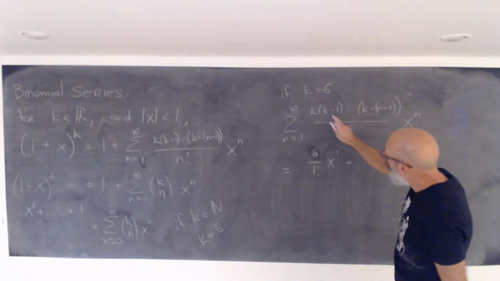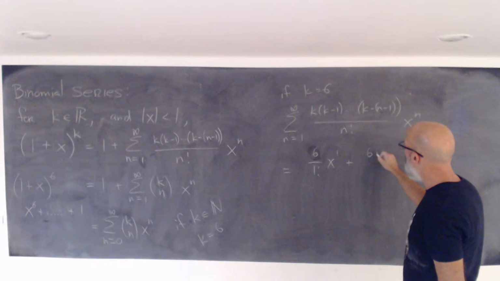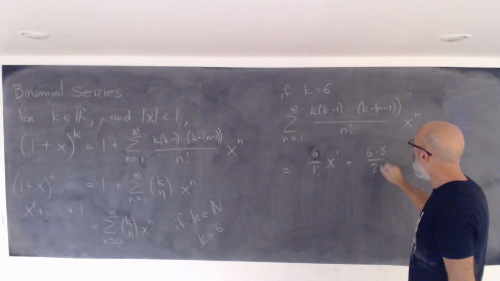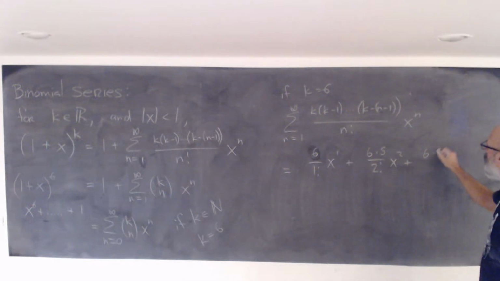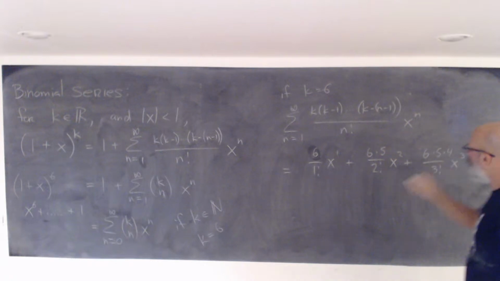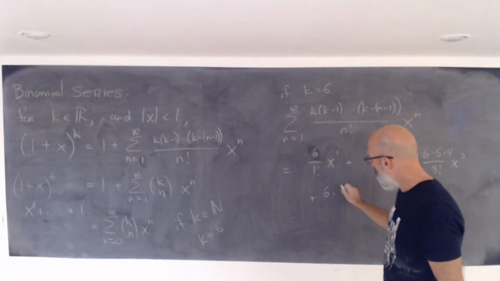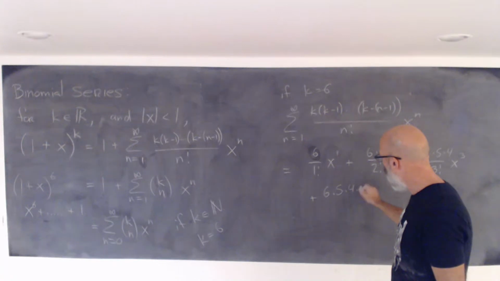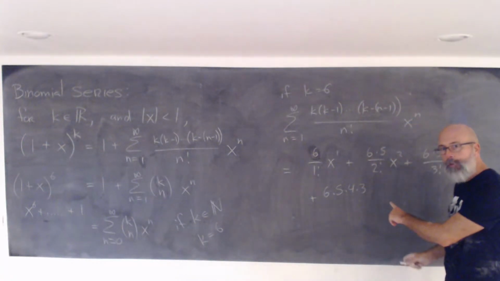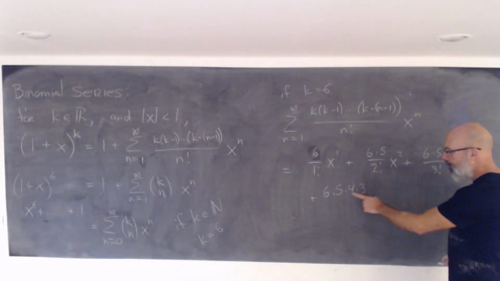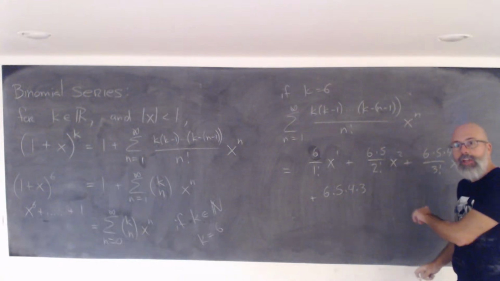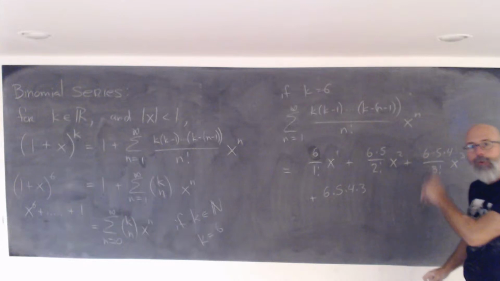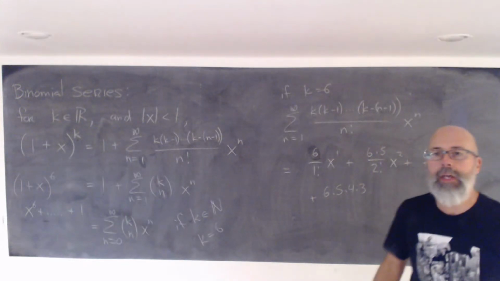So it's k times k minus 1, so it's 6 times 5 over 2 factorial x squared. And then 6 times 5 times 4. 6 times 5 times 4 times 3. You see what's going to happen, right? And then it's going to be 6 times 5 times 4 times 3 times 2 times 1 and then times 0. And from then on, it's always 0.